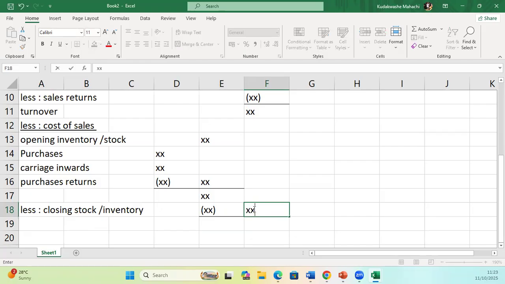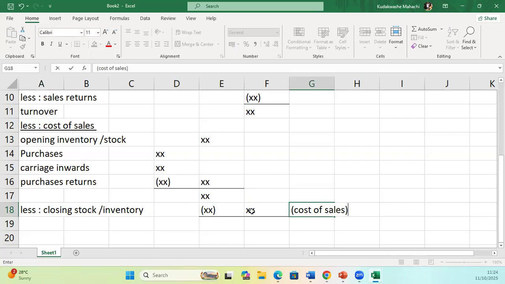What you get here, this figure here, is called the cost of sales. That is the cost of sales figure. So everything we were doing, we were calculating this figure, the cost of sales, which is the cost of the goods we have sold. We start with the goods we had at the start of the period. We add the goods we acquired during that period.